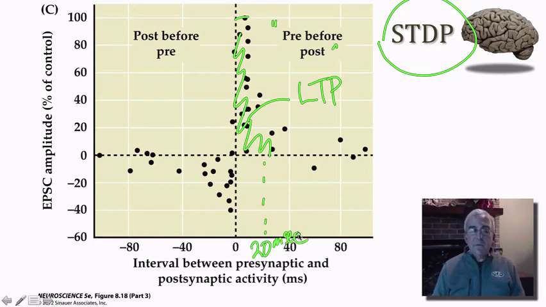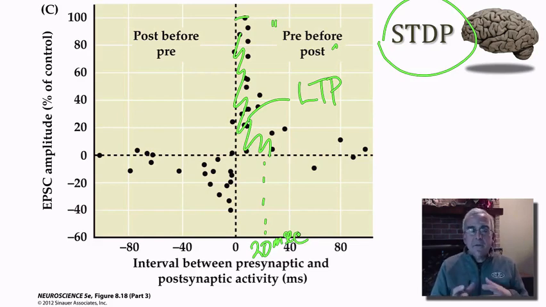Now, 20 milliseconds, it's kind of a magical interval, if you follow me here. That's an interval that's suggestive of a monosynaptic connection where the input in question, the one that we can control with a microelectrode, is effective in triggering the action potential in the postsynaptic cell.